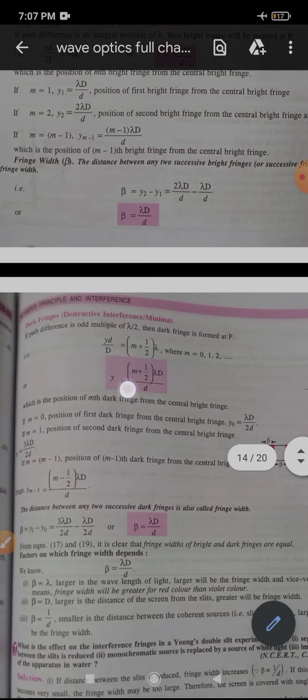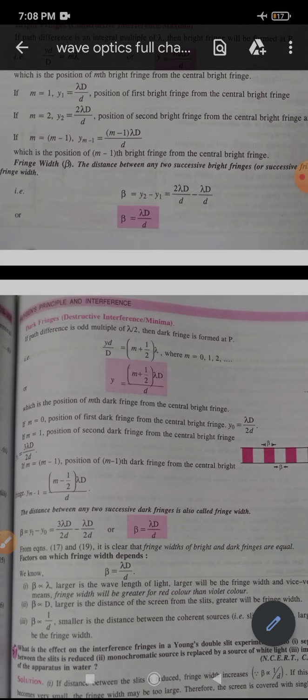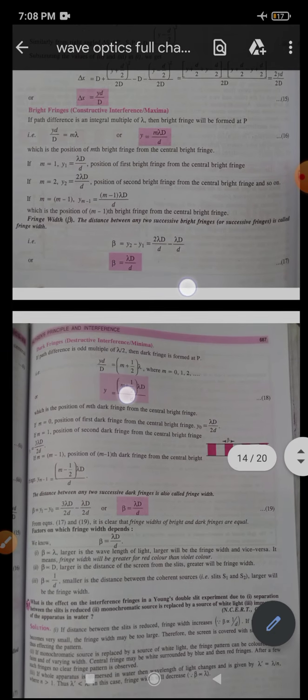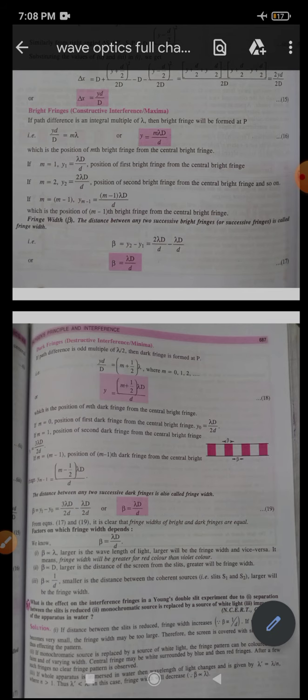Next we have the fringe width. Fringe width means the distance between any two successive bright fringes or two successive dark fringes. Now the fringe width means the distance between two successive bright fringes. Here we have calculated for bright fringes, y1 is a bright fringe, y2 is a bright fringe.